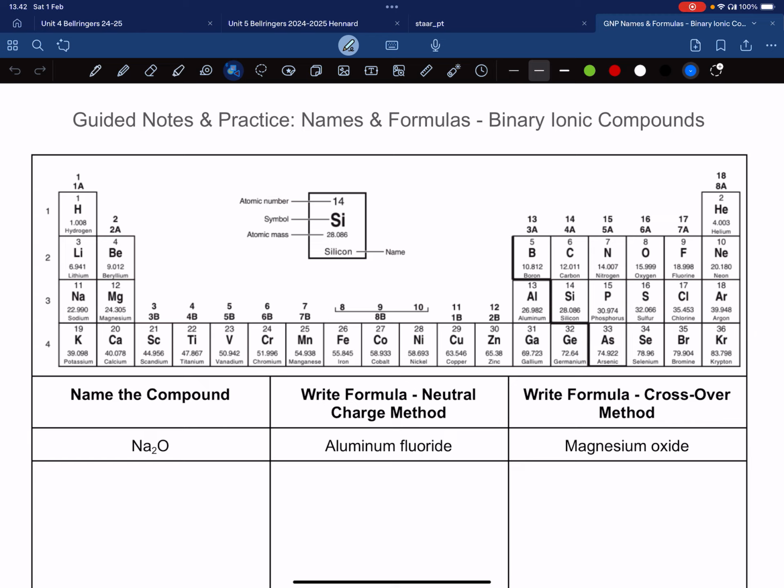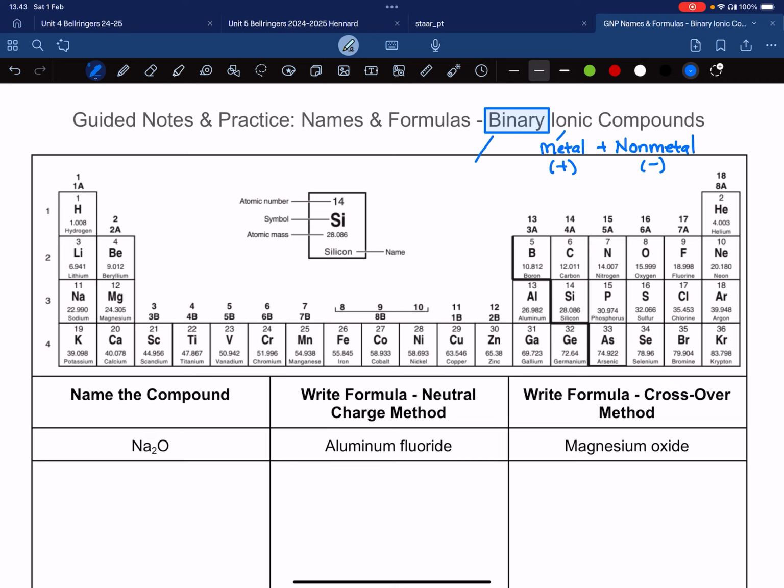How to write names and formulas for binary ionic compounds. First thing we should do is define our terms. A binary ionic compound. Ionic means that it is a metal plus a nonmetal. The metals will always be positive ions, the nonmetals will always be negative ions.